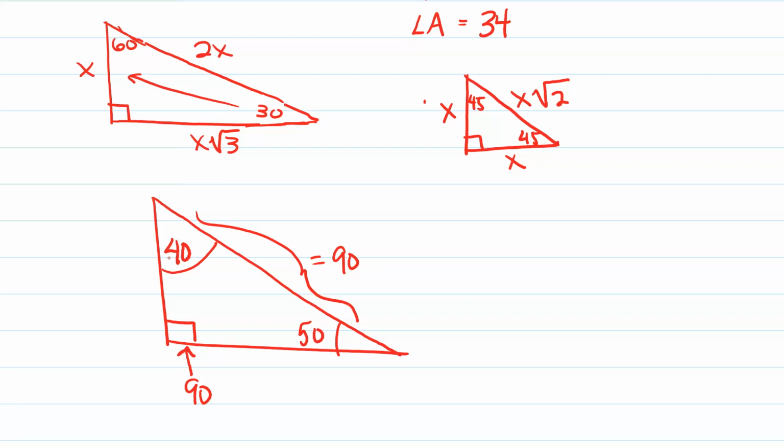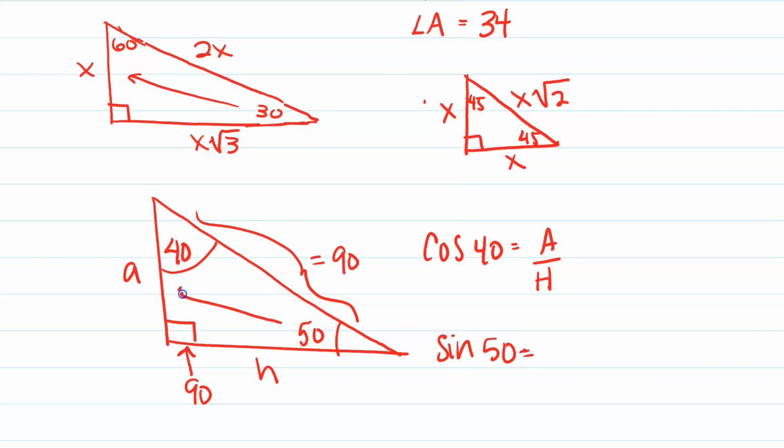So we said that the cosine of 40 would be adjacent over hypotenuse, and the sine of 50 is opposite over, I got that labeled wrong, hypotenuse.